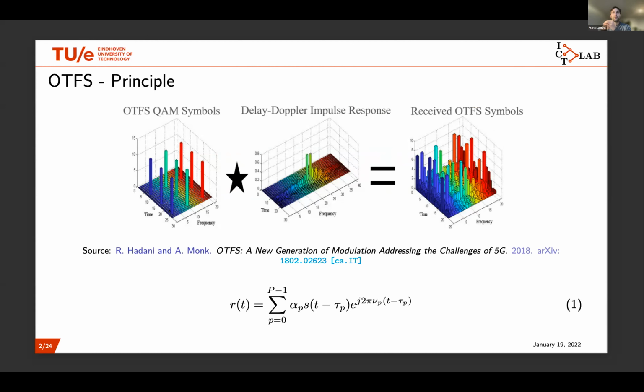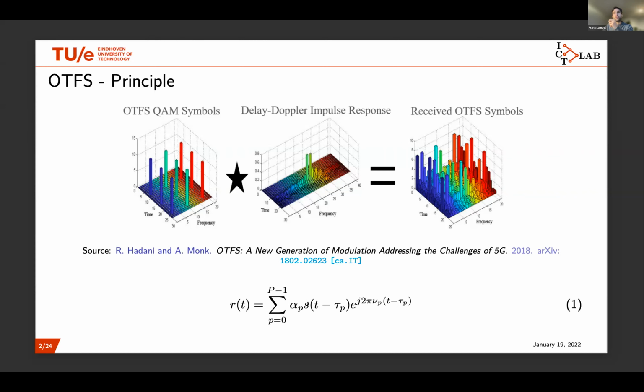And when is this useful? This is useful when you talk about channels with high mobilities, like you have certain reflectors or the receiver and transmitters are moving. And so the received signal in such scenarios is a superposition of delayed and Doppler shifted replicas of your transmitted signal.